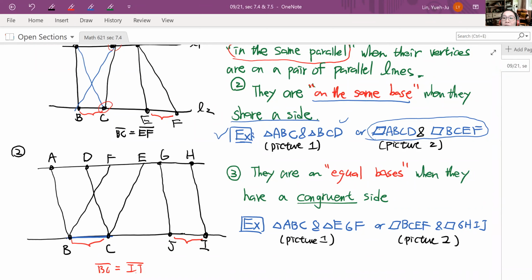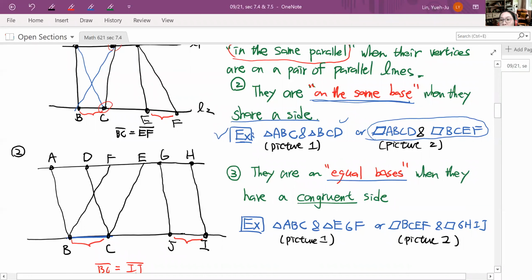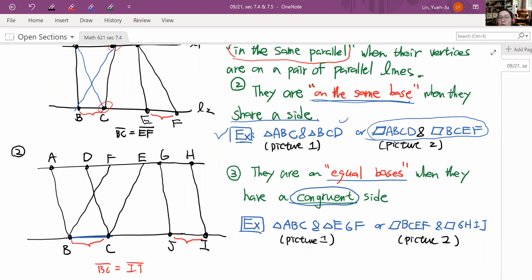That's the second definition. For the third definition, there's another terminology you will see: triangles or parallelograms are on equal bases. This time it's a little different. When we say on the same base, we mean they share a common side. When we say equal bases, it's not necessary that they share the same side, but they have congruent sides, equal to one another.